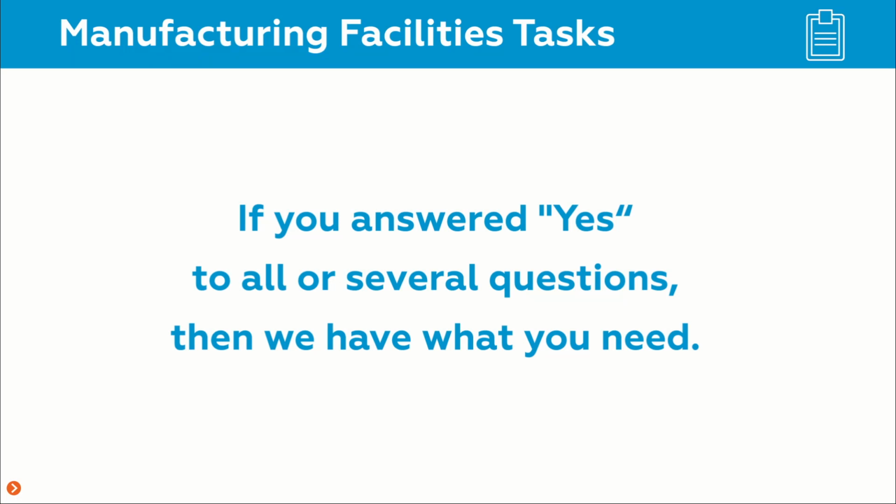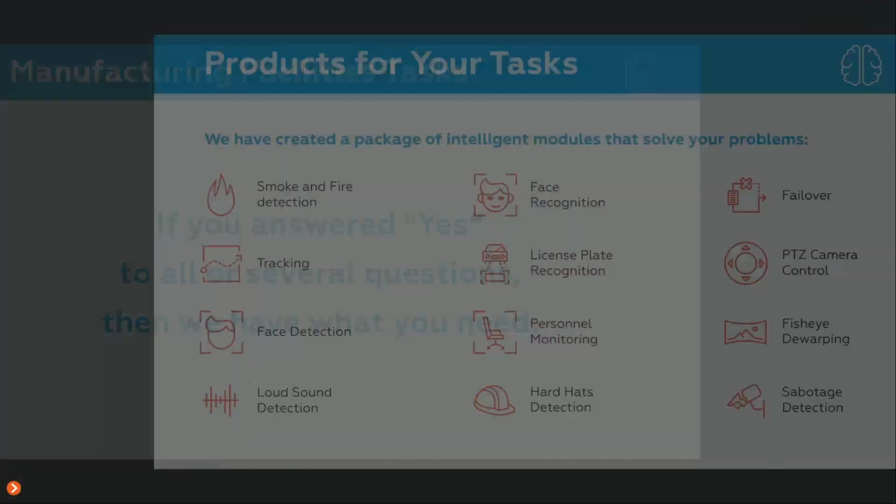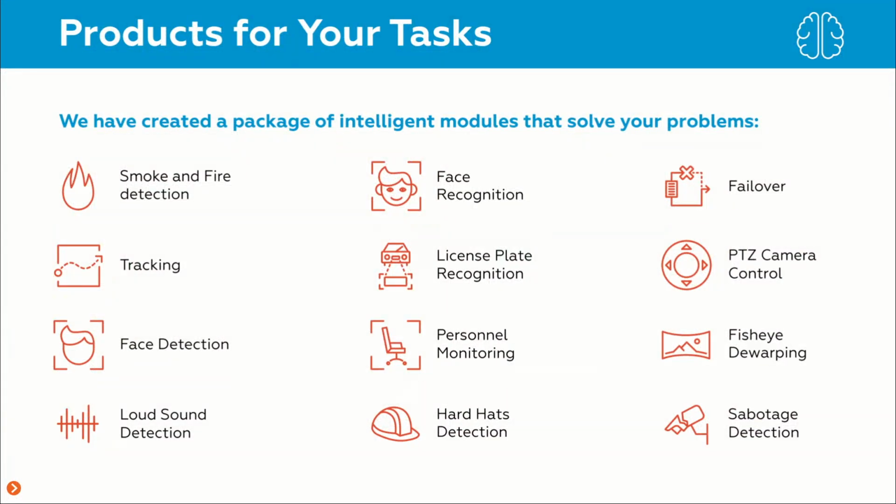If you are also interested in answering those questions and you are searching for solutions for the tasks which were mentioned, then we have something to tell you. These are just a couple of modules that we have selected among 19 of Eocortex video analytics modules that are the most suitable for the manufacturing industry.